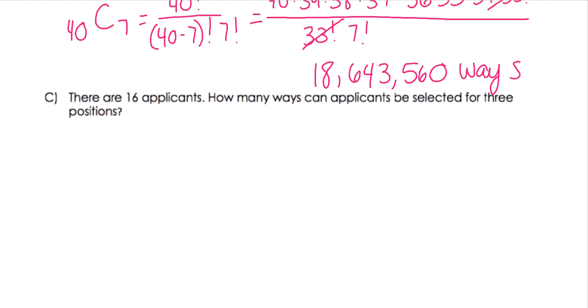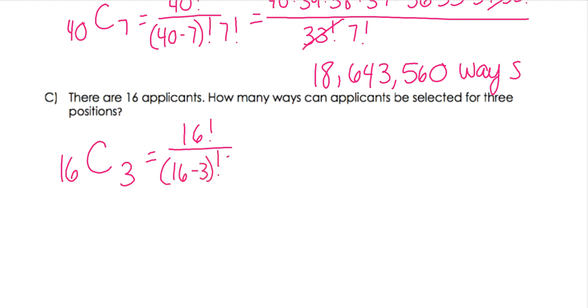All right, let's look at C here. So this time we have 16 applicants, and we are going to select people for 3 different job positions that we have available. So the formula for that would be 16 factorial over 16 minus 3 factorial times 3 factorial.